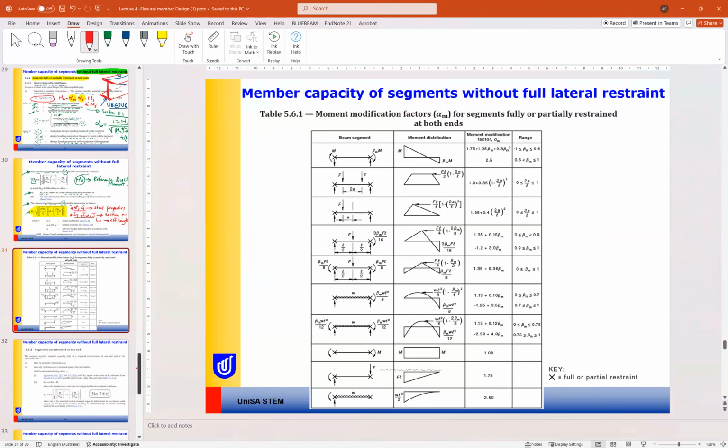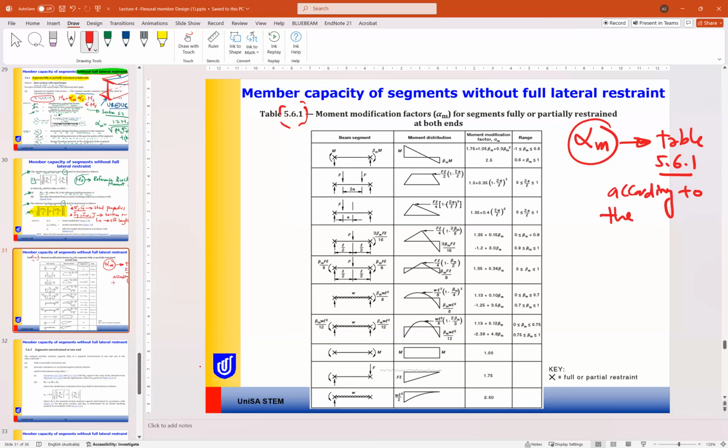And here is table 5.6.1 for alpha M, if you want to find it from the table based on the moment on the section. So according to the moment distribution, we can come to this table.